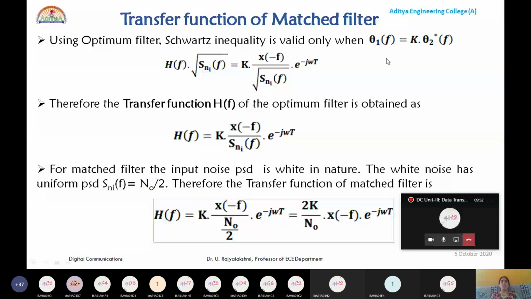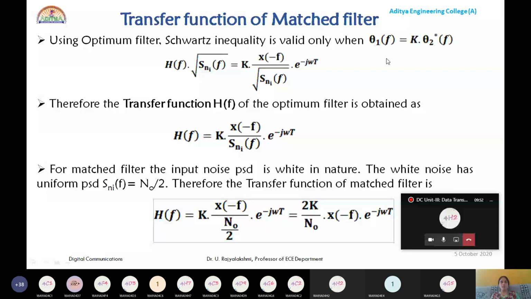So it will be equal to 2k by n0 into x of minus f into e power minus j omega t. This is the corresponding expression for the transfer function of the matched filter.